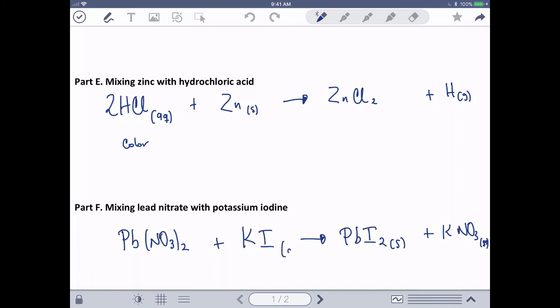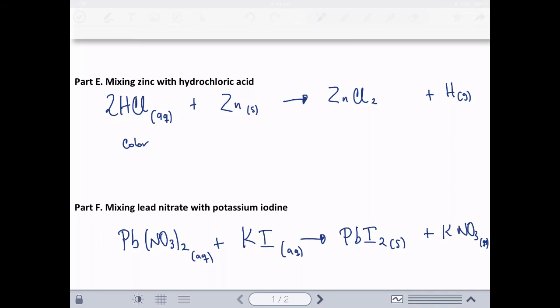This was aqueous and aqueous. This type of chemical reaction is very peculiar because it's the mixture of two aqueous solutions, two liquids, to form a solid. And this is called a precipitation reaction.